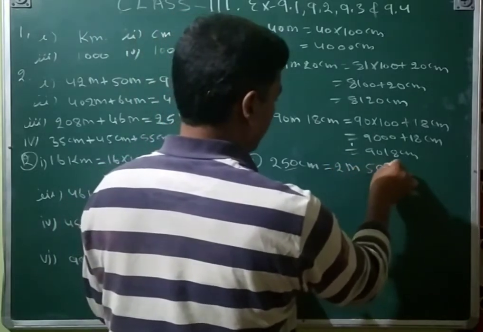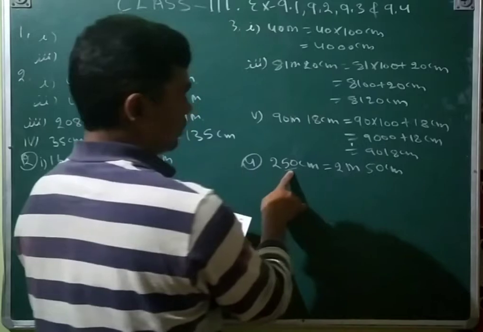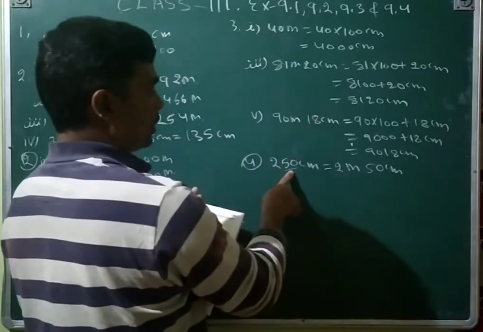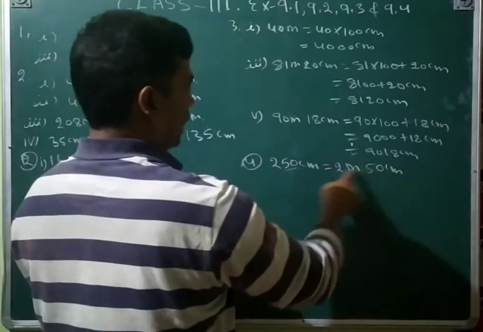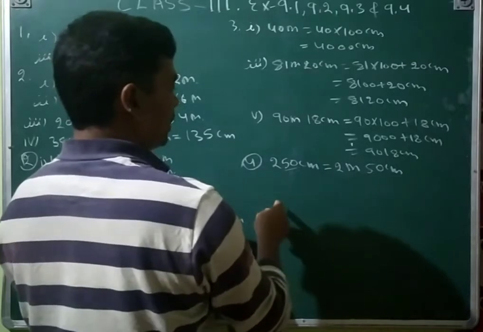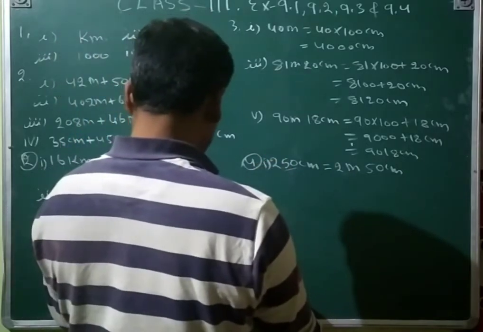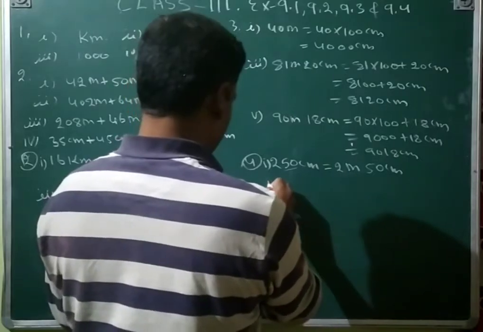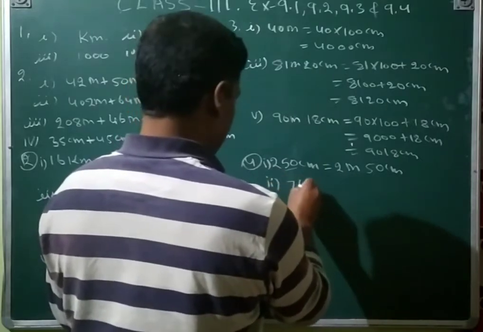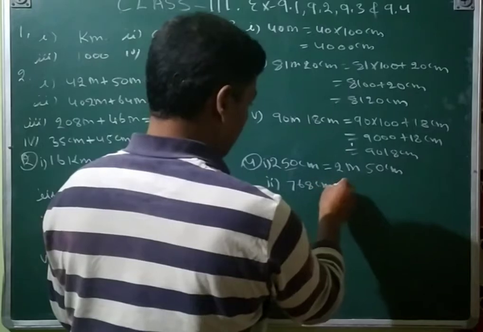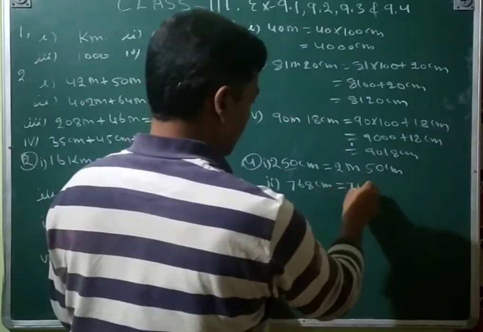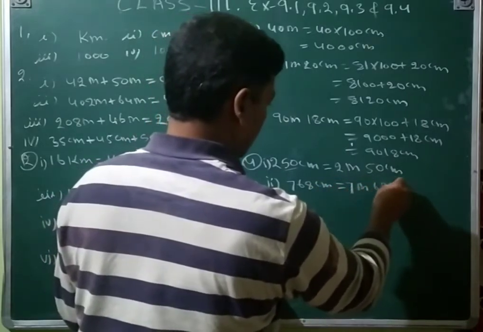So that is 2 meter 50 centimeter. That is the first. And then second part, 768 centimeter. So that is 7 meter 68 centimeter.